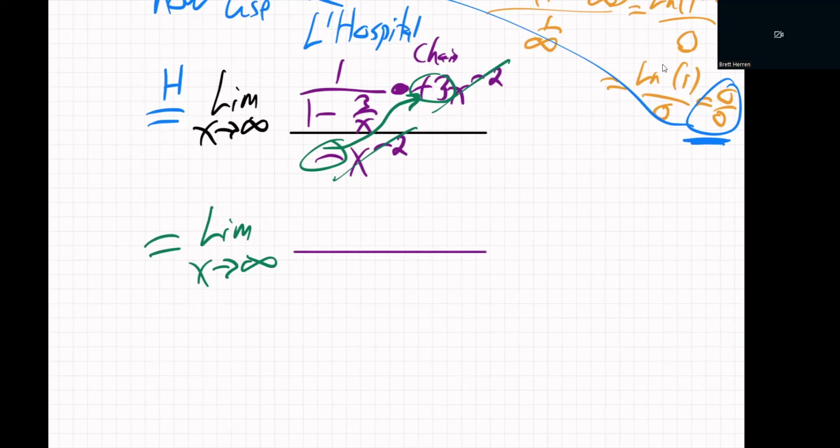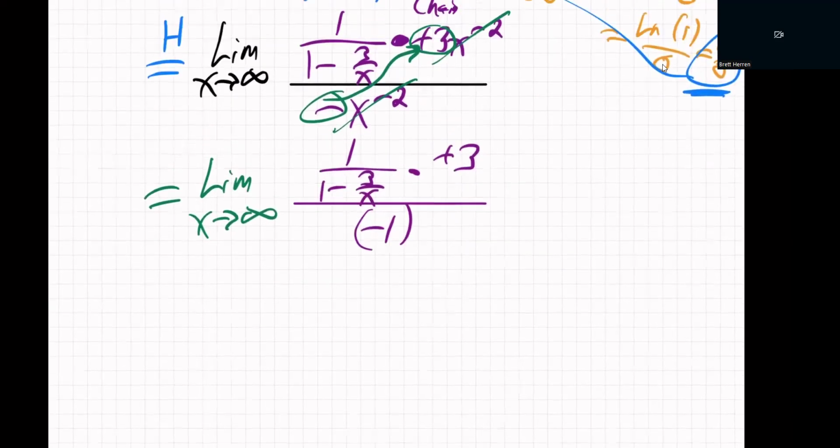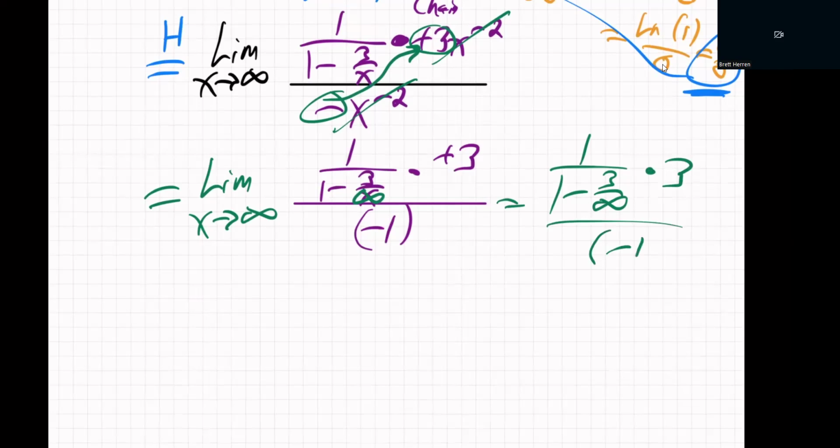So I get 1 minus 3 over x times positive 3, over minus 1 on the bottom. Okay, I'm going to let x go to infinity. So put that infinity in. Boom. So what's that? 1 over 1 minus 3 over infinity times 3 over negative 1.